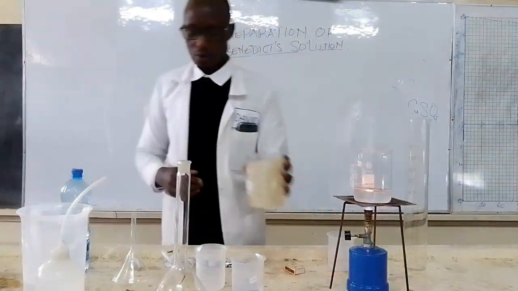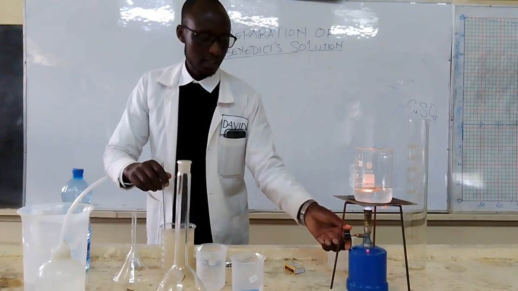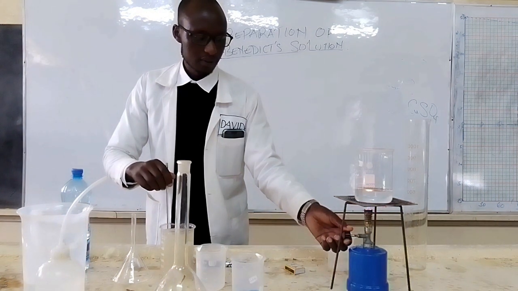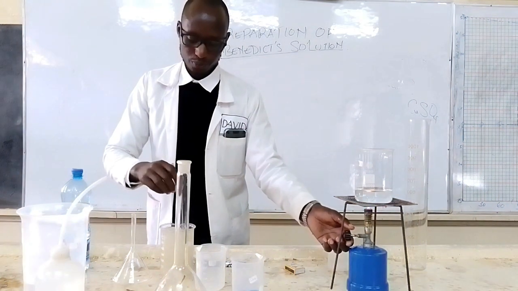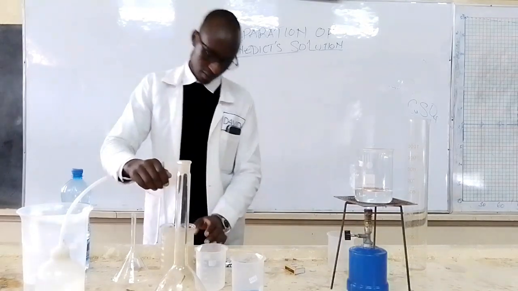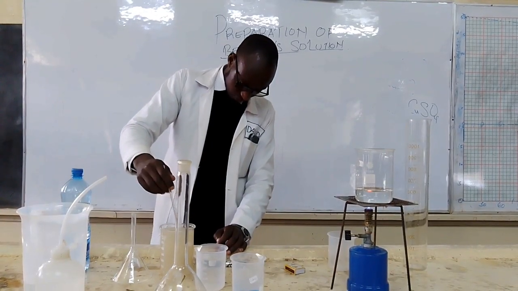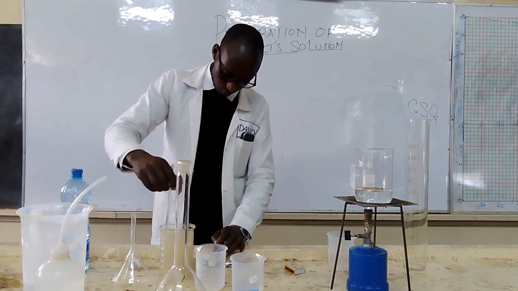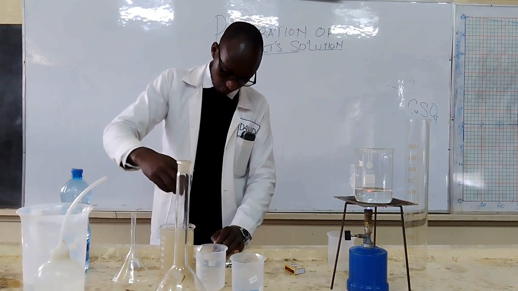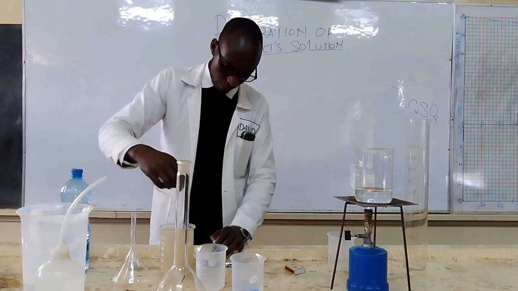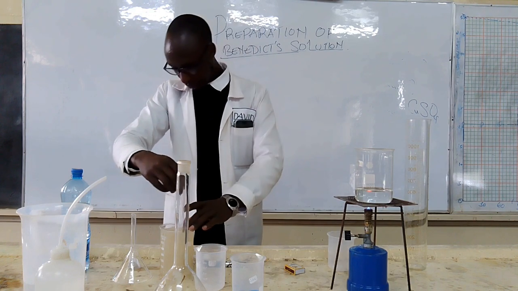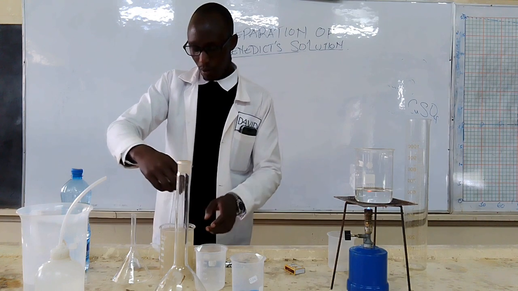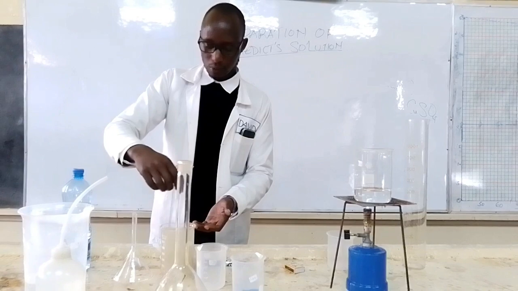So we may as well continue stirring the two to ensure that they are dissolving. So our target is to prepare 1 liter of Benedict's solution.